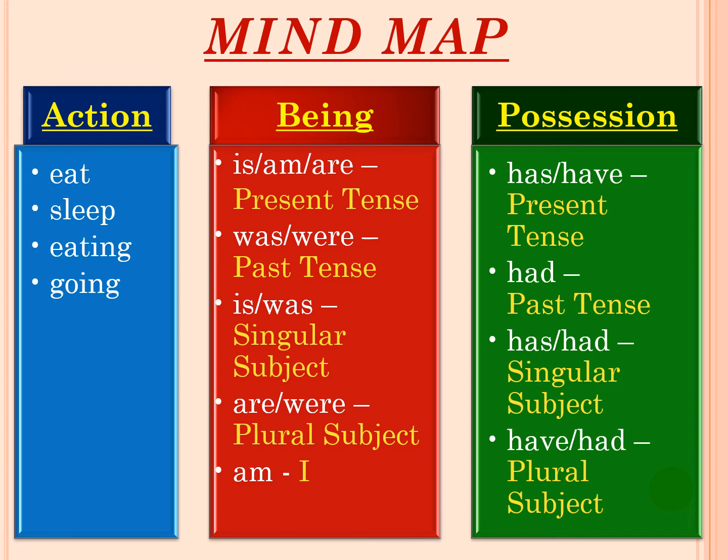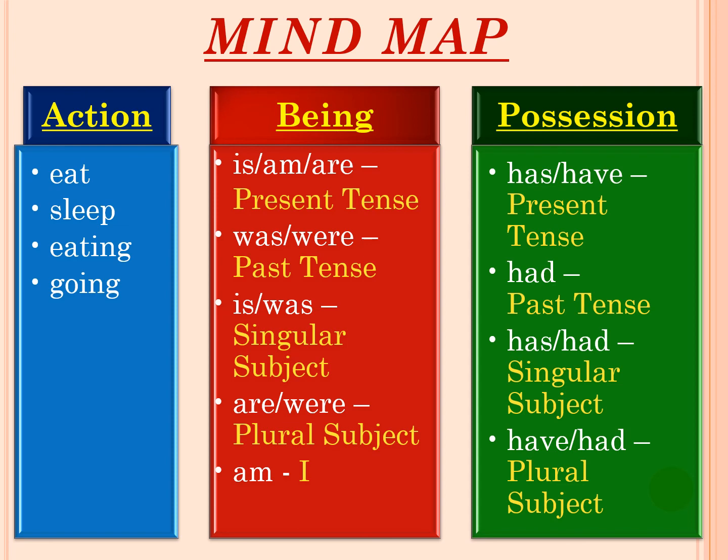Verbs are also used to show the being of a person, animal, or thing. Commonly, we call them be verbs. Be verbs are is, am, are, was, and were. Is, am, and are, these three are used for present tense.